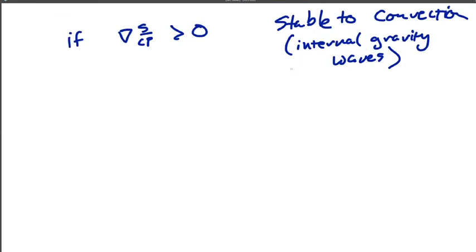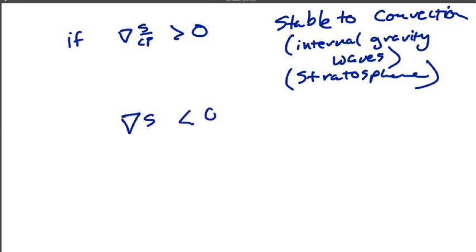And this is the stratosphere kind of conditions. Okay. If grad S is less than 0, then unstable to convection, and we have convection.